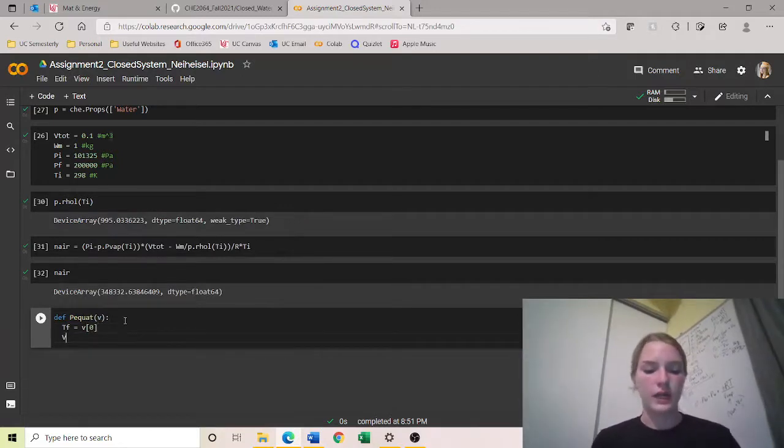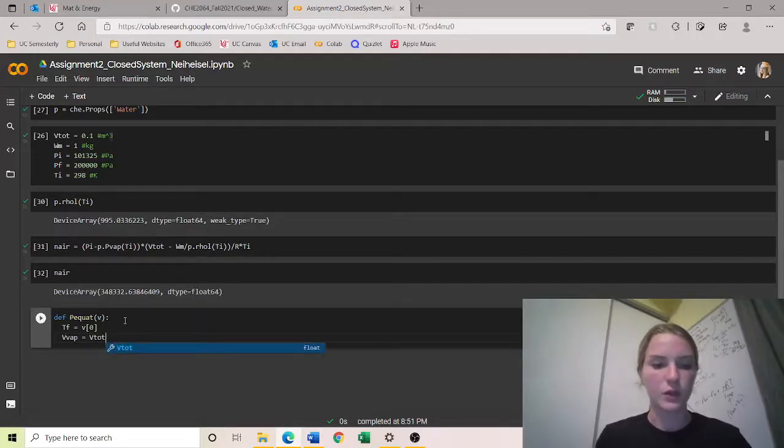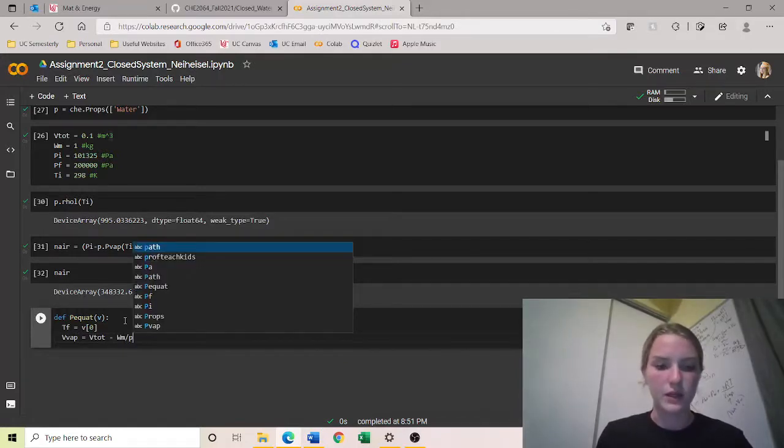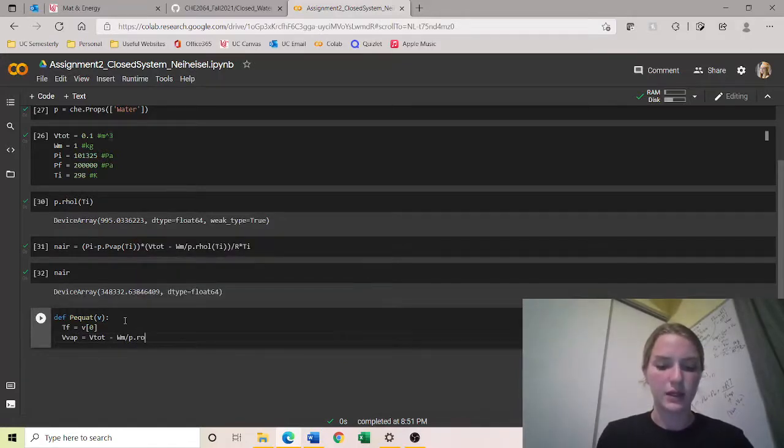So now we are going to have our V vapor equal to the V total minus the water mass divided by the density of T initial, our initial temperature.